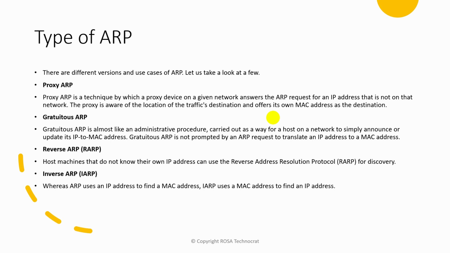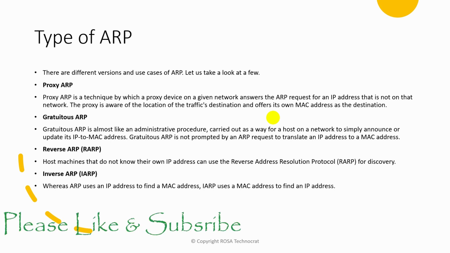There is not much difference between them, but it's basically the process: how and when the IP address is getting converted to MAC address, who is initiating this learning, who is requesting this learning. So based on the requester, the sender, and the scenario or use case, this conversion is being asked for. Based on that, we have these types of ARPs.